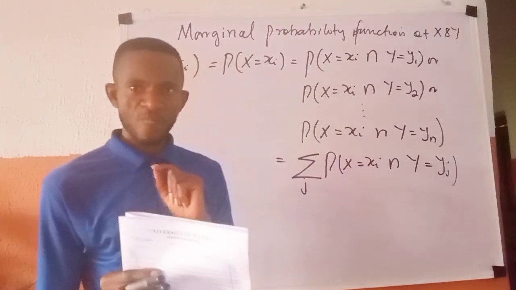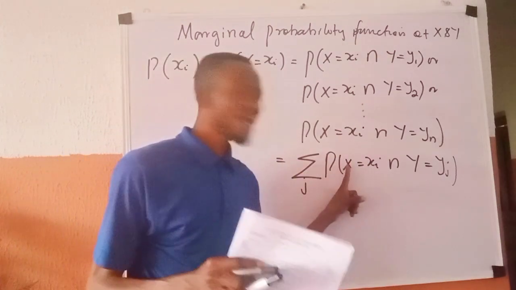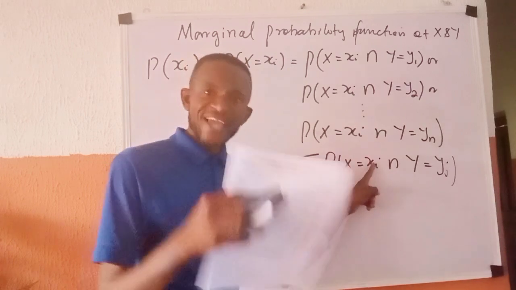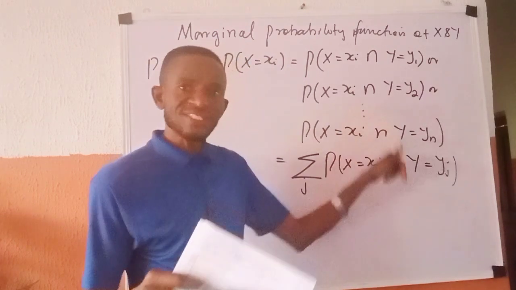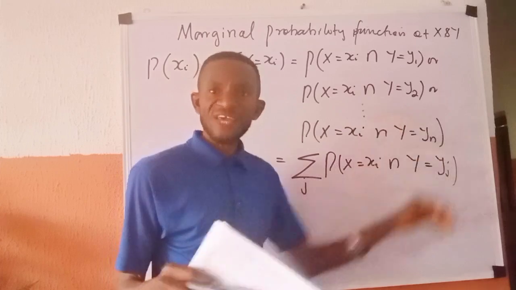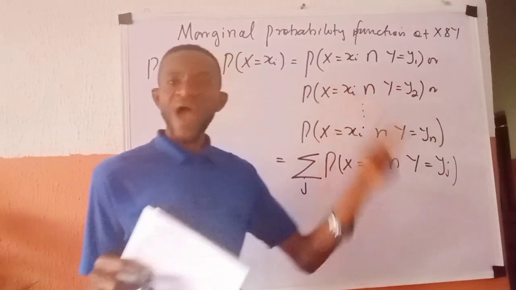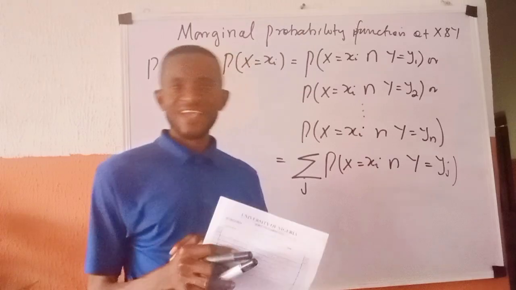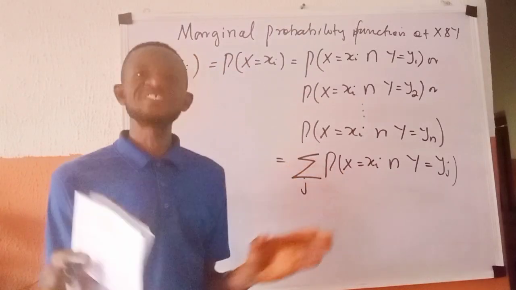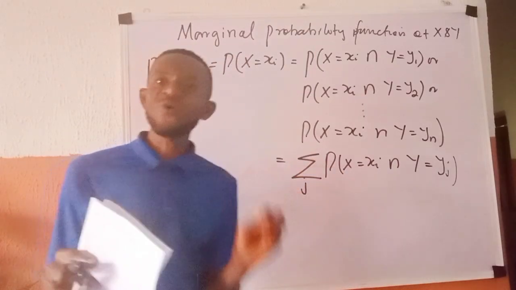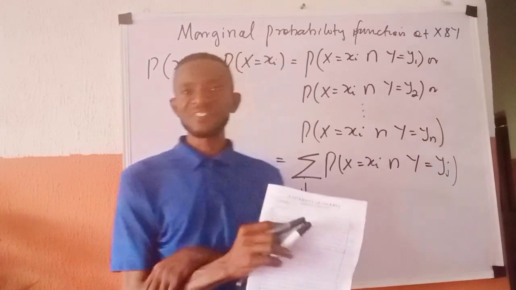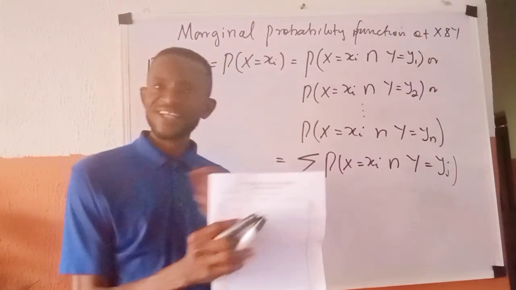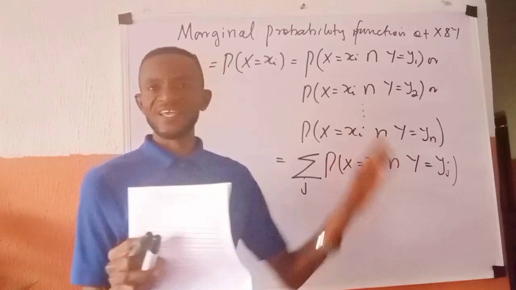We equally do this when x takes a value 2, we get its probability alongside when y takes a value y_1, y_2, y_3 down to y_n. At the end, it will form a distribution of probabilities, which we call the marginal probability of x.